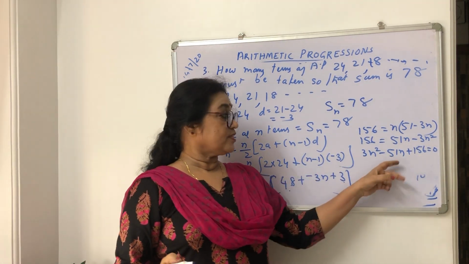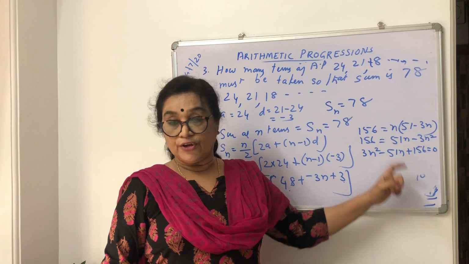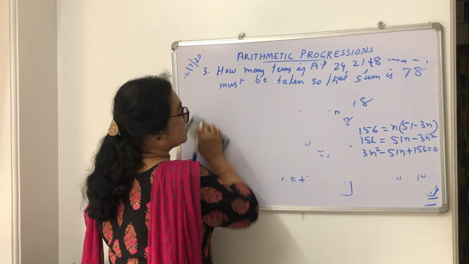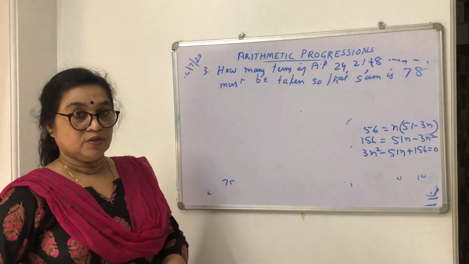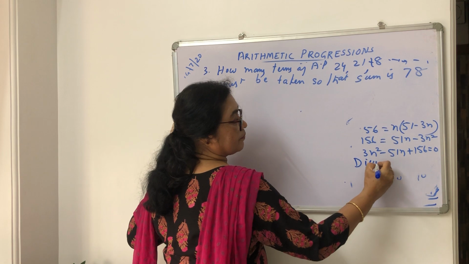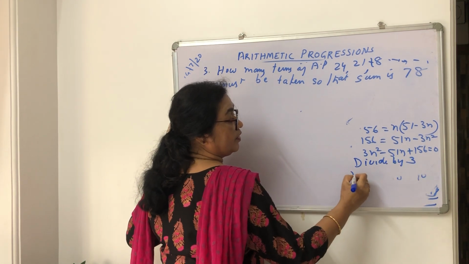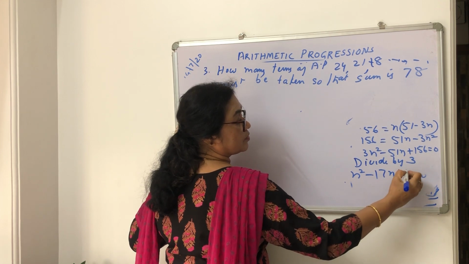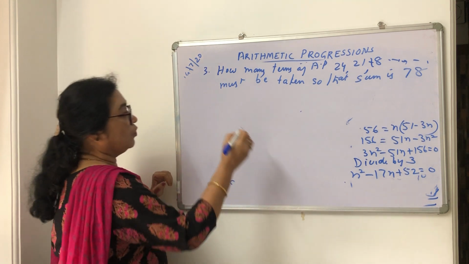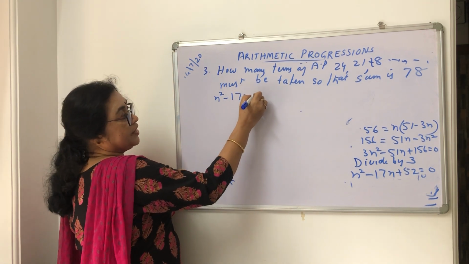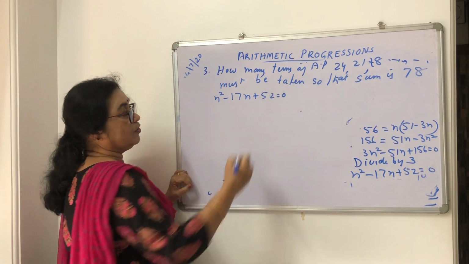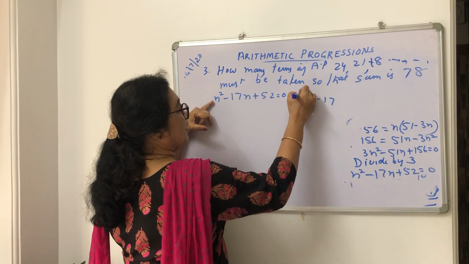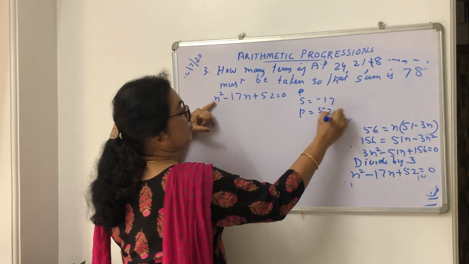This is a quadratic equation, and now we have to solve it. Divide by 3: n squared minus 17n plus 52 is 0. Here the sum is minus 17 and the product is 52.